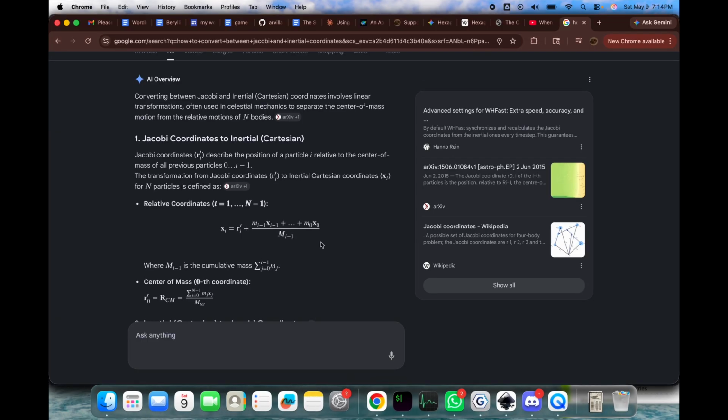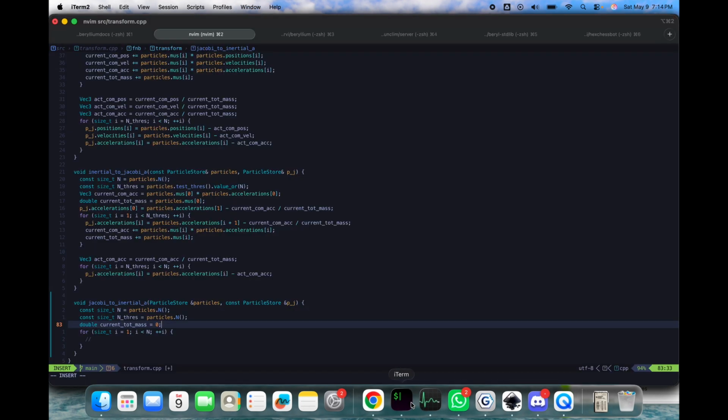Okay, so it seems that the relative coordinates, the zeroth coordinate is the center of mass. So if I do vector com equals, I think I have a particles.com.